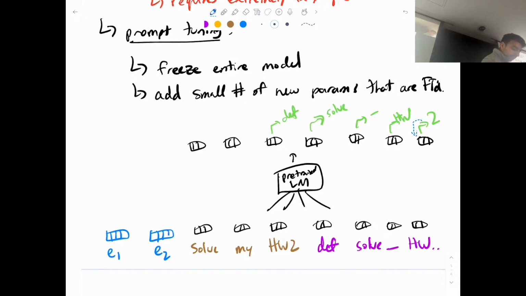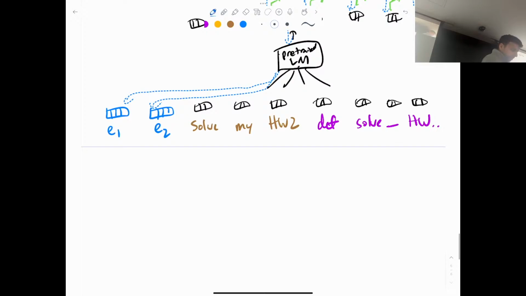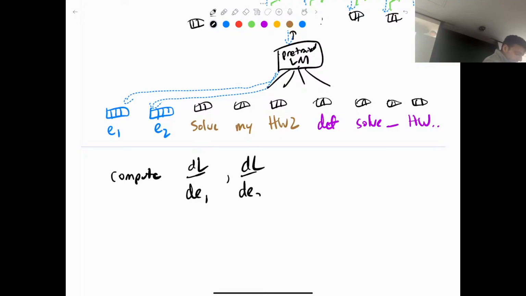I compute a loss of how good it was at predicting this ground truth word, and I aggregate that signal, backprop it down into my entire model where it goes all the way over here, and I can compute these 2 partial derivatives, dL/dE1 and dL/dE2.